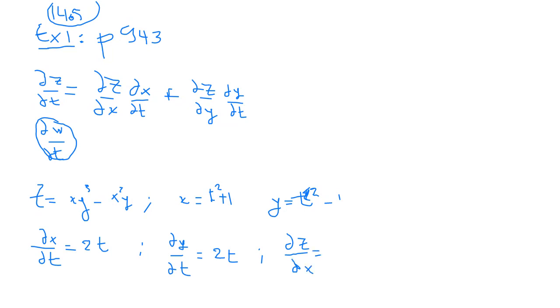And finally, dz over dy is going to be equal to 3xy squared minus x squared. Okay, am I right?